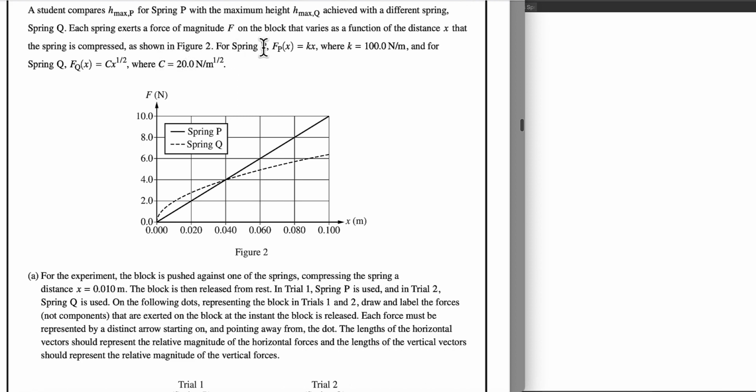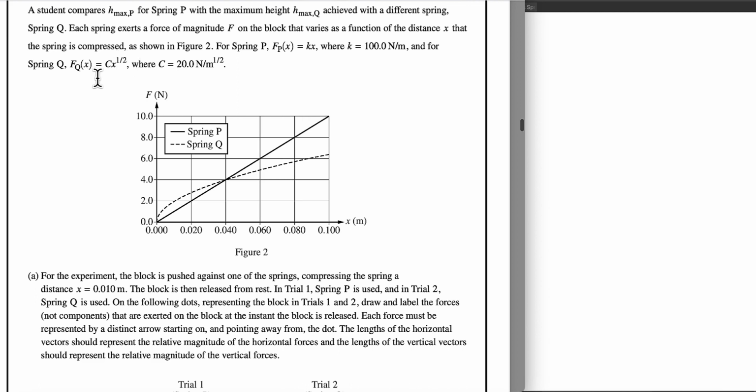Now for spring P, we know this curve is represented by kx, which is a straight line going through the origin, and the slope is k. We call that k the spring constant, and it has the value 100 newtons per meter. For spring Q, a similar expression is given by c times x to the power 1/2.